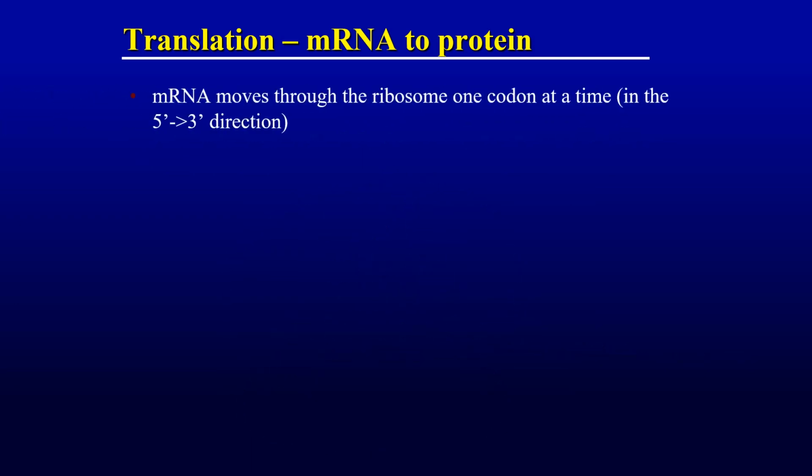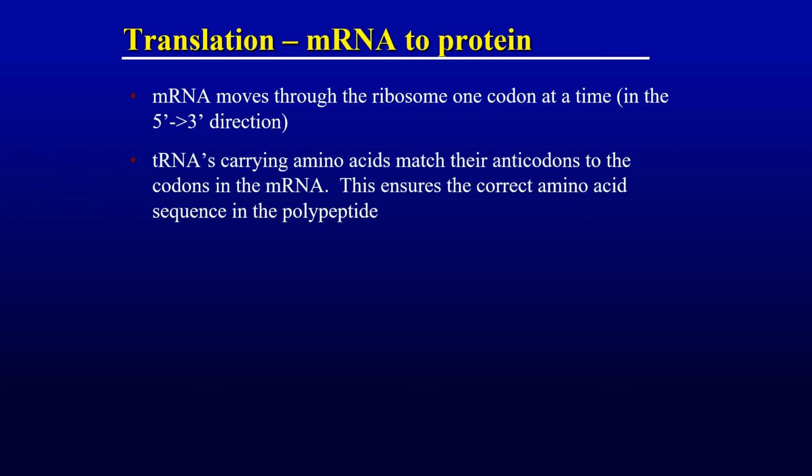Okay, so the next thing then is that messenger RNA moves through the ribosome one codon at a time in the 5' to 3' direction. Transfer RNAs then carry amino acids that match their anticodons to the codons in the messenger RNA.